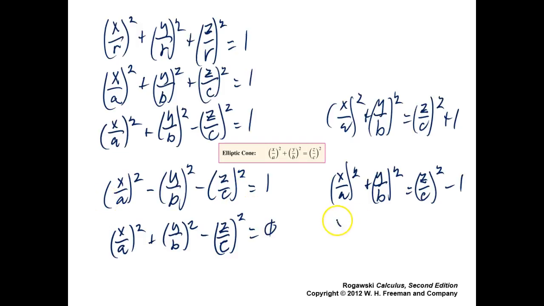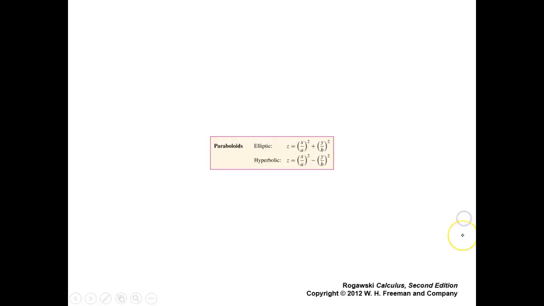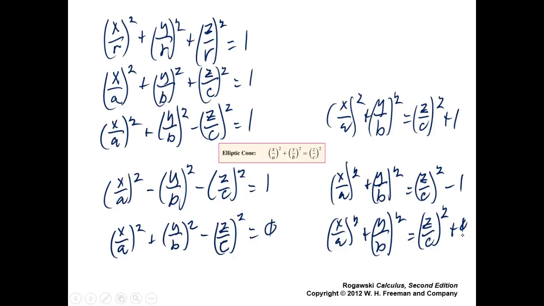And then this would be x over a squared plus y over b squared is equal to z over c squared plus 0. It's exactly in between those two. One sheet, two sheets, 1 point. So that would be your elliptic cone. That's why they call it elliptic cone, because these are ellipses above and below. And a circle would be a special case of an ellipse where the two axes are the same. So that's your elliptic cone.